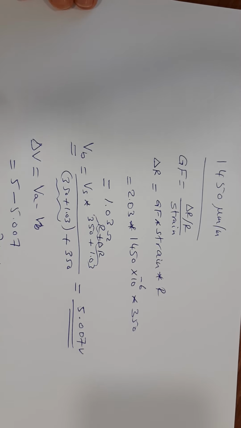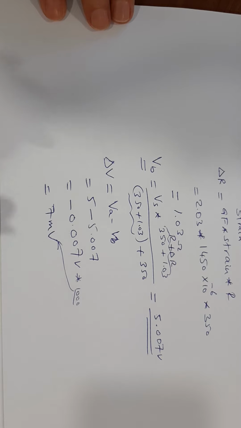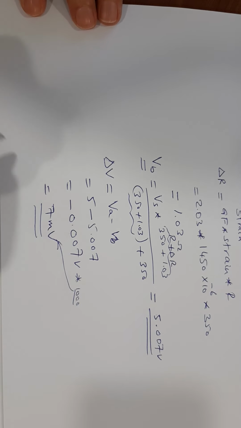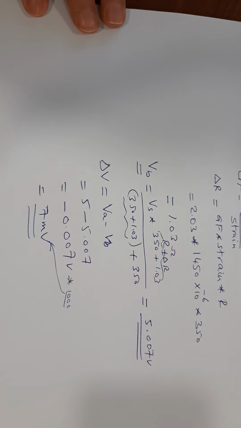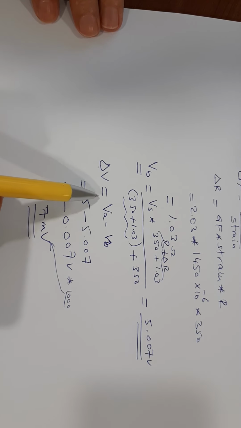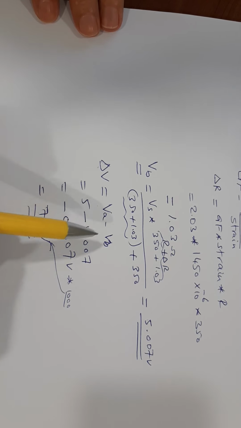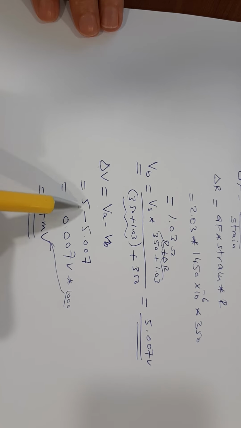So the result will be 7 millivolts. Again, delta V is equal to VA minus VB, and this is equal to 5 minus 5.007. This will be equal to 7 millivolts.